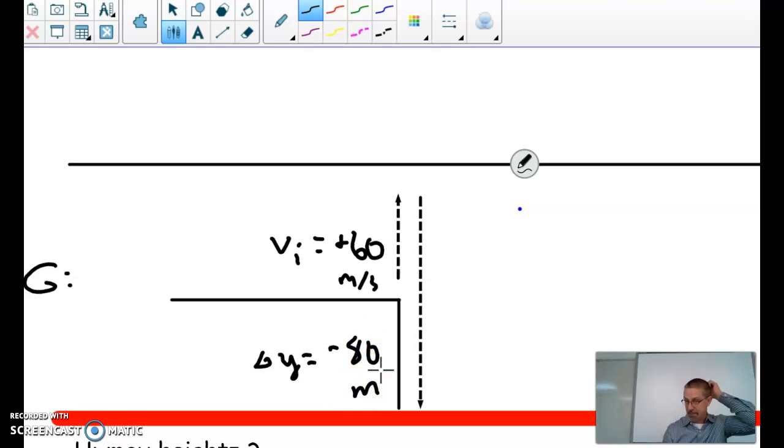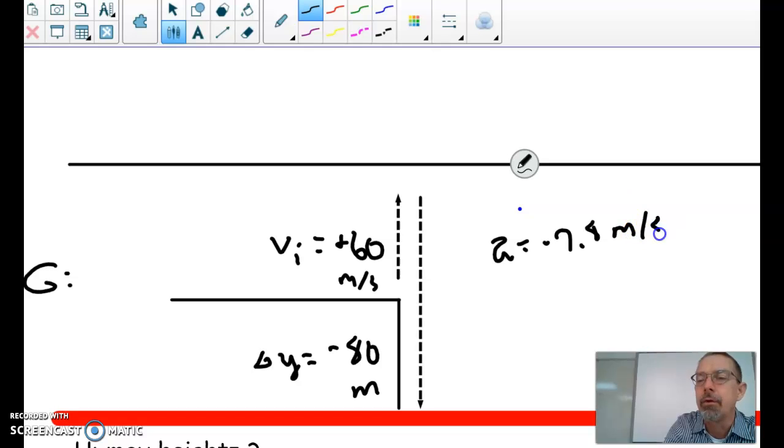Okay, it's actually ending up below where I started. I know that acceleration due to gravity is going to be negative 9.8 meters per second squared. That's a friend I can carry with me all year long. And I know that the velocity at max is going to be 0. Those are things that I know.